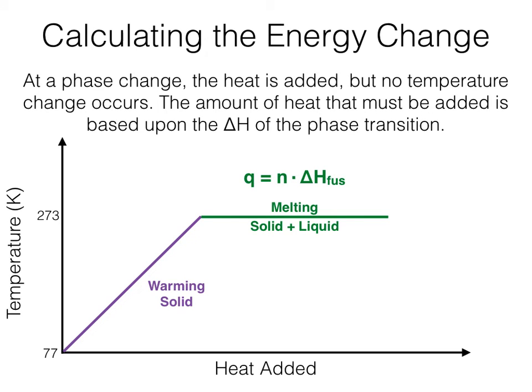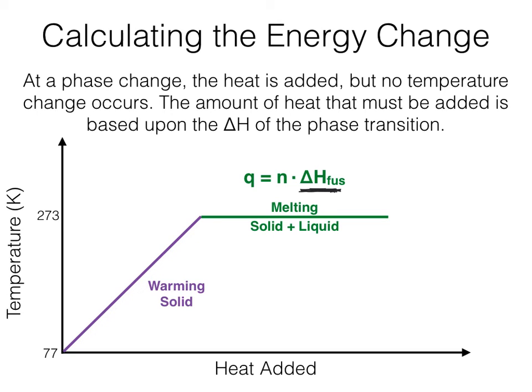Now, at a phase change, the heat is being added, but no temperature change occurs. And the heat that must be added is based upon this delta H, this enthalpy of the phase transition. And so in these regions, there's no temperature change.